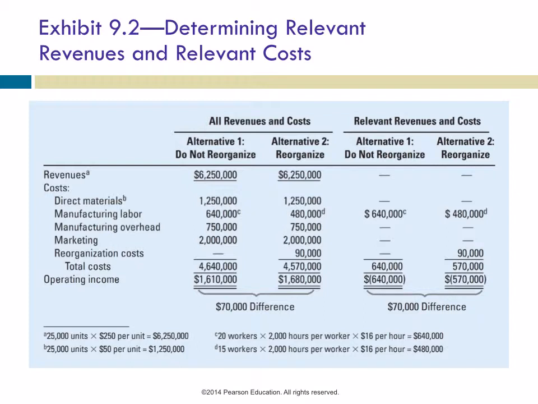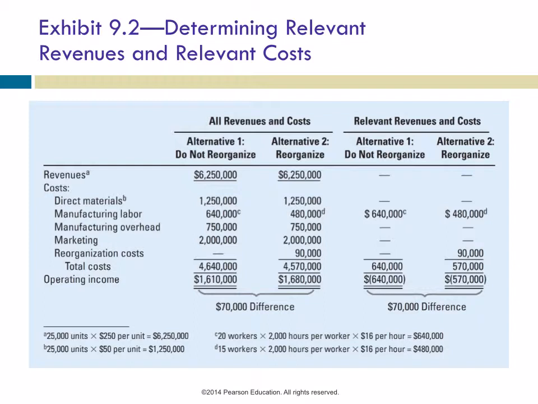So the revenue stays the same. We look down at manufacturing labor cost changes. We look down at reorganization costs change. So we see, okay, both of these show a $70,000 difference, but the reason for that $70,000 difference shows up in manufacturing labor savings that we get from alternative 2 minus the reorganization costs that we would have to pay in order to do that.